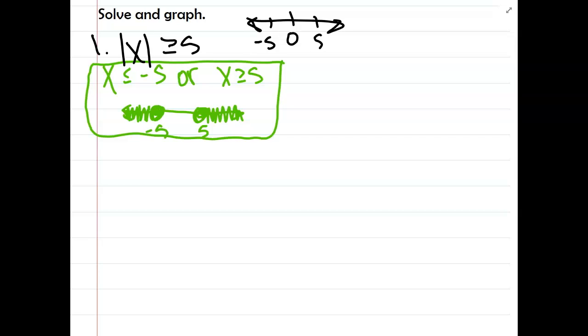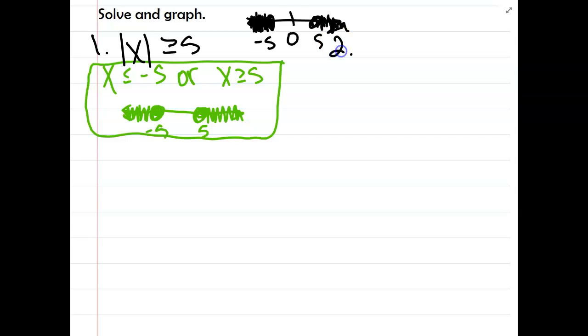If you took 2 steps, 3 steps, 4 steps, 5 steps would work, right? 6 steps would be more than 5 steps. 7, 8, 9, 10, 11, all of those would be more than 5 steps away from 0. And then the other direction as well: you could take 5 steps to the left, 6 steps to the left, 7 steps to the left, 8 steps to the left. Once you come up with this graph, you know that since it's shaded to the outside, it's going to be an or.